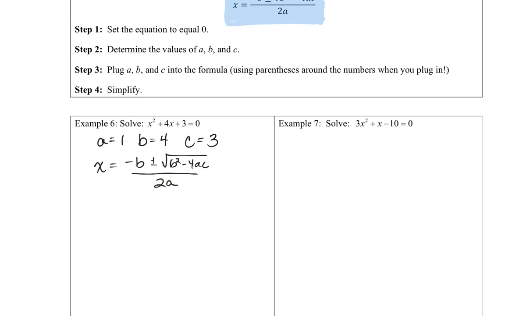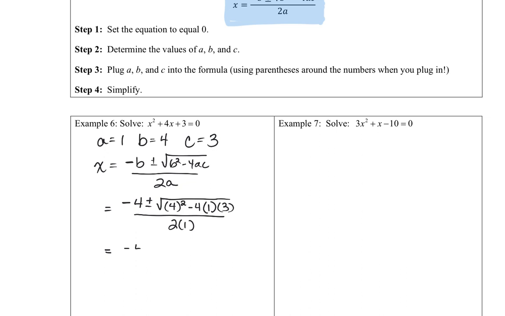Write it, say it, or sing it every time you use it, and you won't be able to forget it. Okay, so this is negative regardless of the sign of b. So the opposite of positive 4 plus or minus the square root, in parentheses, 4 squared, minus 4 times a is 1 and c is 3, all over 2 times 1. So if you need to back that up and listen to it again to see how that all came together, then go ahead. Now we just need to simplify.